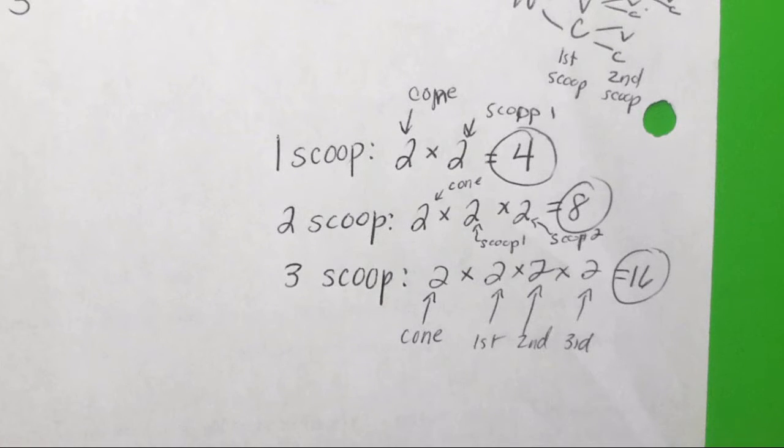So if there's 2 scoops, I actually have 8 options. And then 3 scoops, sugar or waffle, vanilla or chocolate, vanilla or chocolate, vanilla or chocolate, we end up having 16. And 16 plus 8 plus 4 actually is how we get to that 28. So the fundamental counting principle works, but you have to do it for each scoop and then add up your answers. Okay, are there any questions about that?